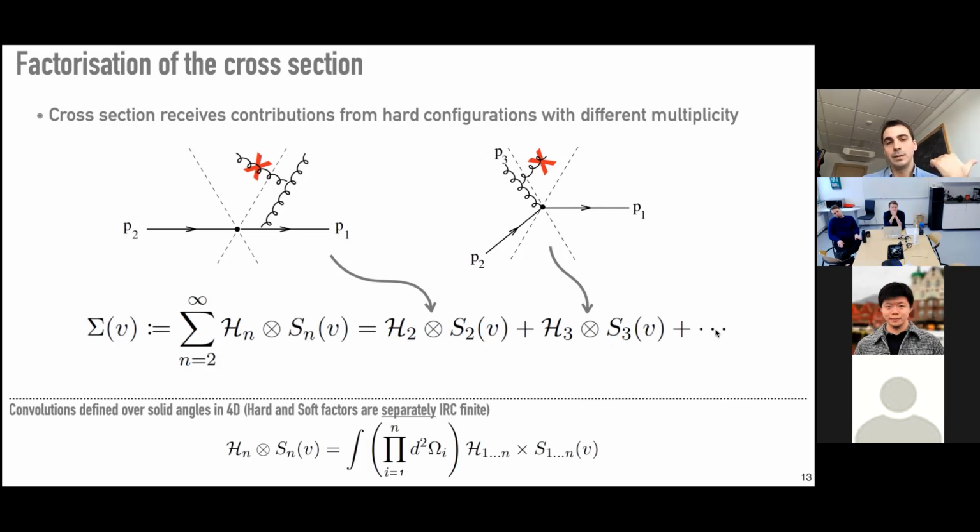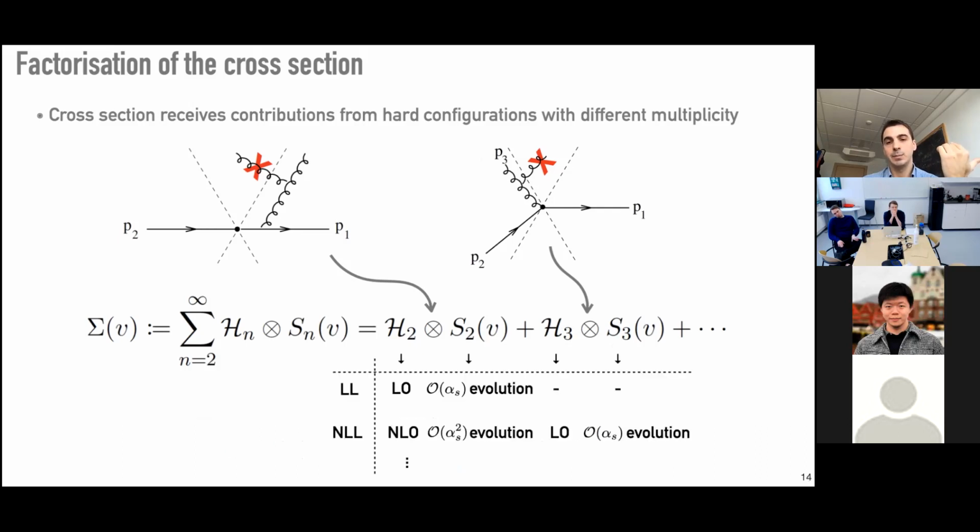So the nice thing of this formulation is that there is a hierarchy between these different contributions. In particular, at leading log, one can only compute the first term, where the hard factor is calculated at leading order, and the soft factor is evolved with the one-loop evolution kernel.